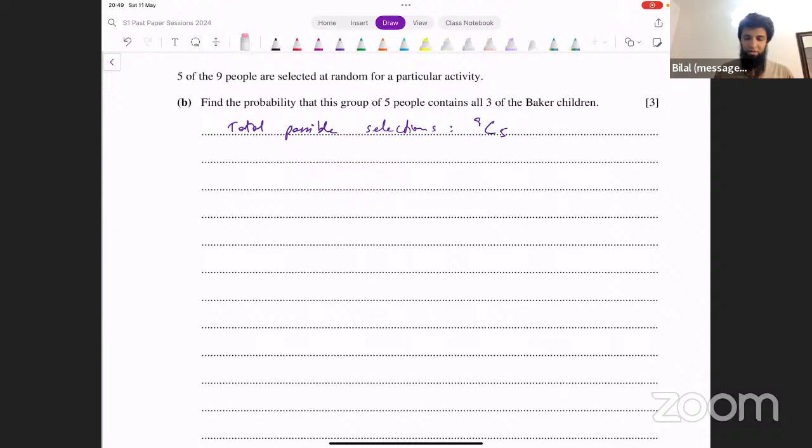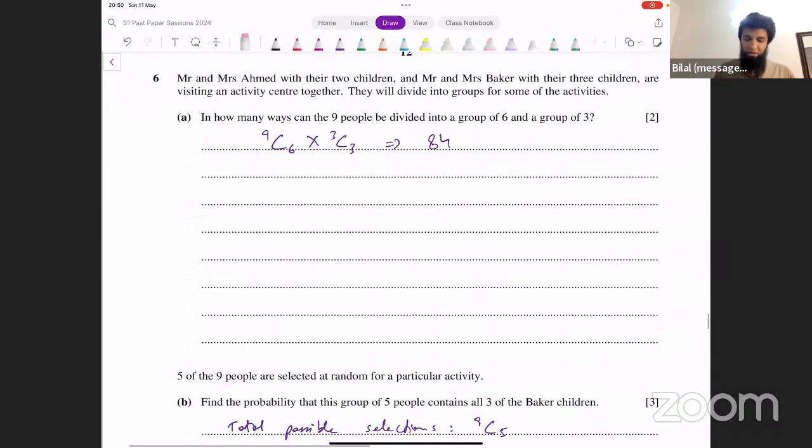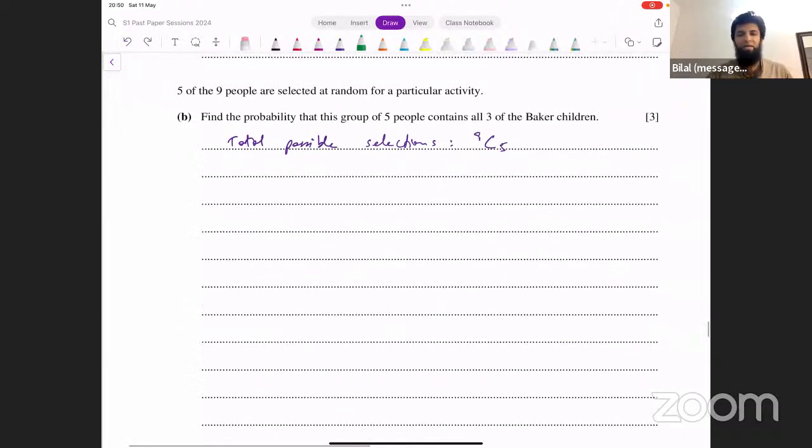Now, let's look at the group that we have. We have Mr. and Mrs. Emmett and their 2 children. Mr. and Mrs. Baker with their 3 children. So we have 4 people here and then 5 people there. Now, all of these 3 children have to be selected, right? That's what they're saying. Find the probability of all Baker children being there.